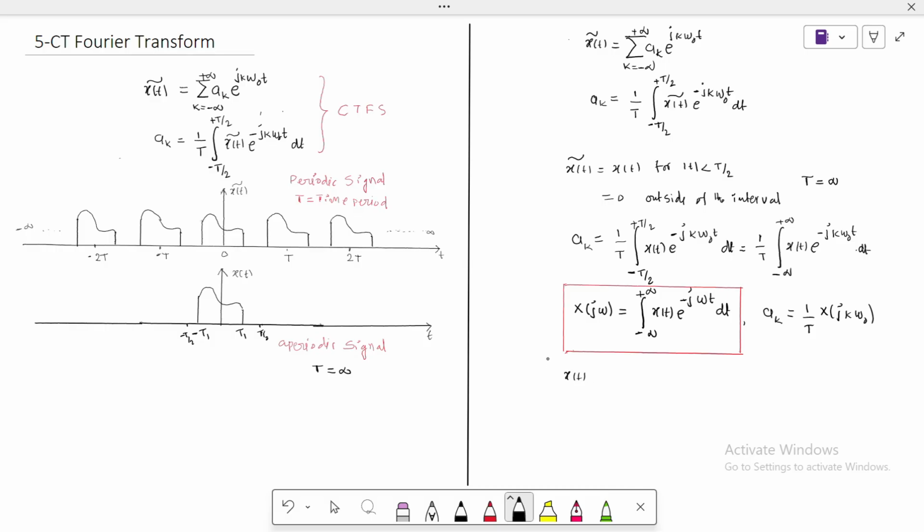It is a periodic signal, so x of t equal to the sum, with ak equal to 1 by T x of jk omega naught, into e power jk omega naught t, from k equal to minus infinity to plus infinity.